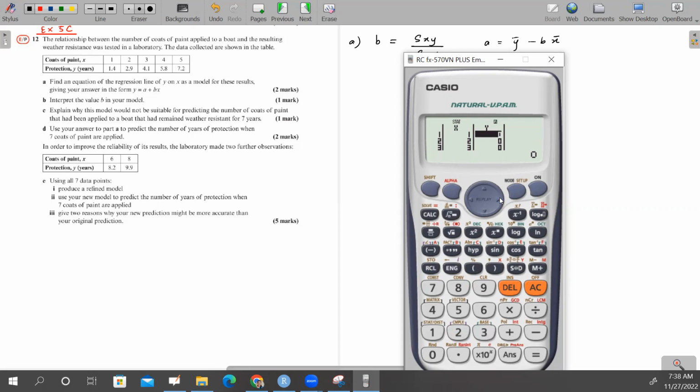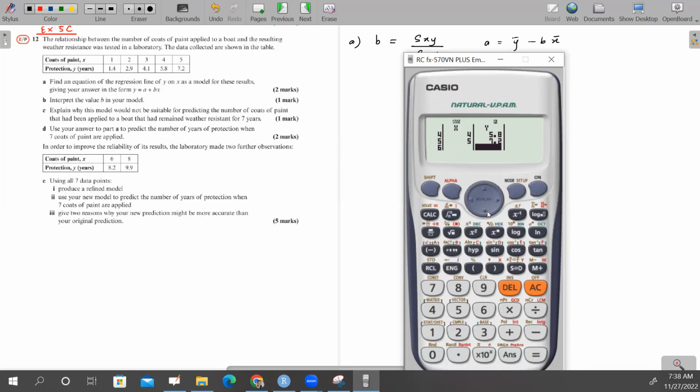All right, guys, and the y values, the protection: 1.4, 2.9, 4.1, 5.8, 7.2. Right, guys? So make sure when you are typing this, this is the most important thing.